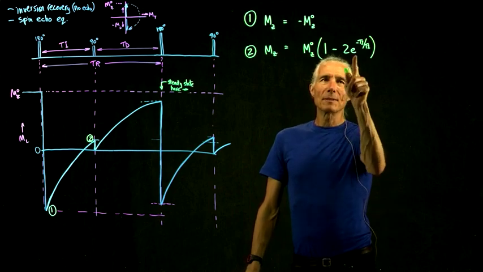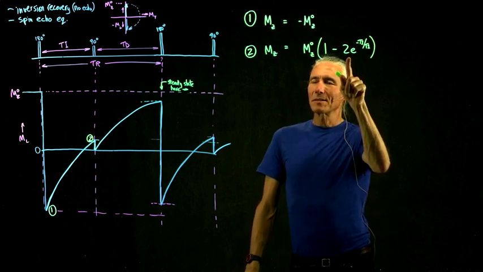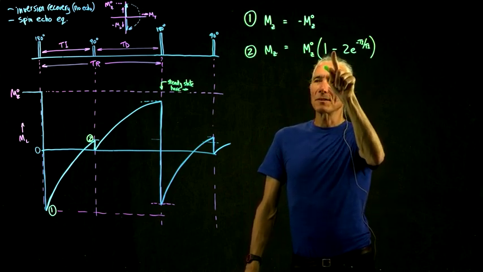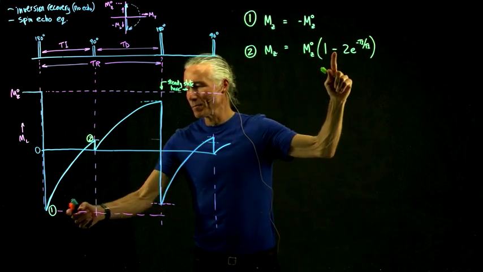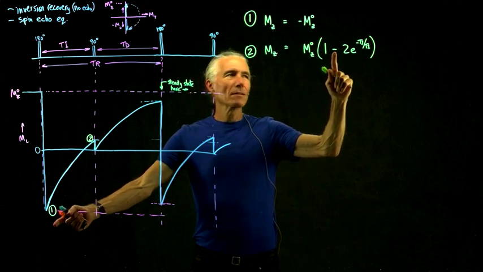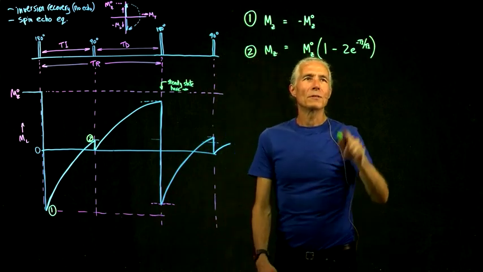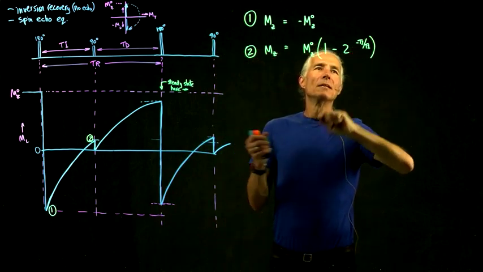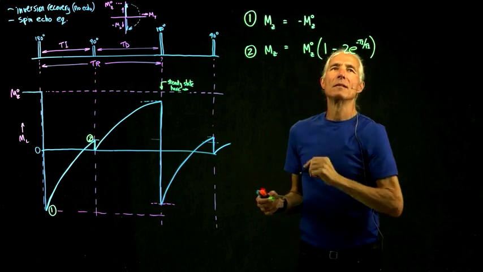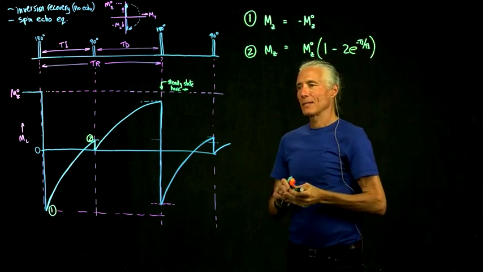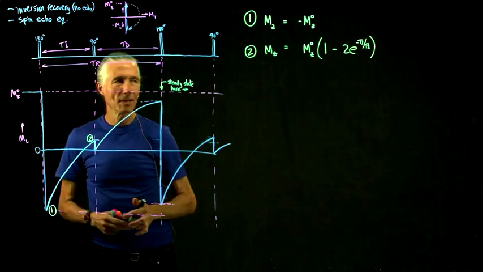But it just turns out to be the same as this term. And there's a negative coming from the fact that we're starting off with a negative Mz0, and so we end up with 2 times e to the minus TI. So TI is the amount of recovery time.